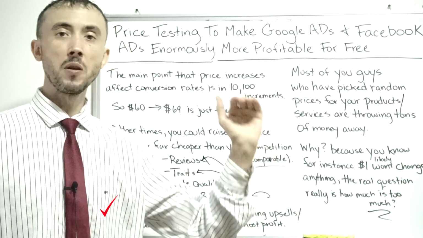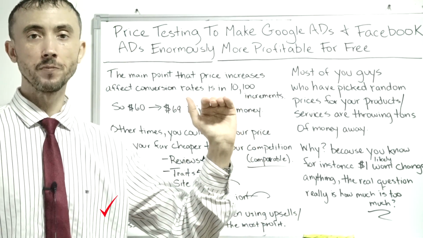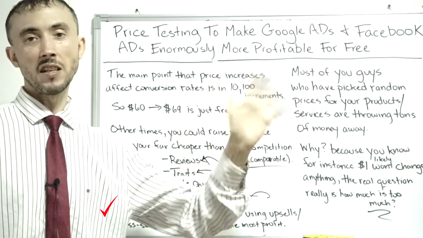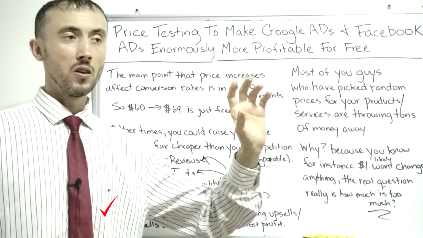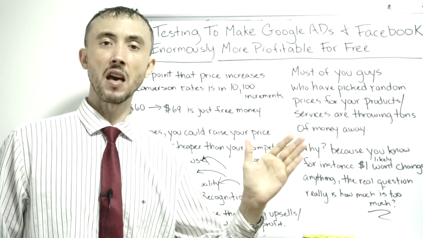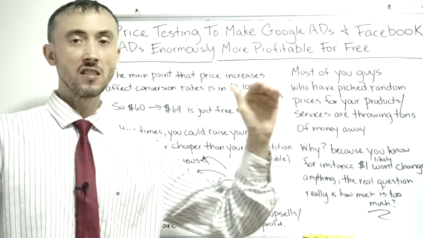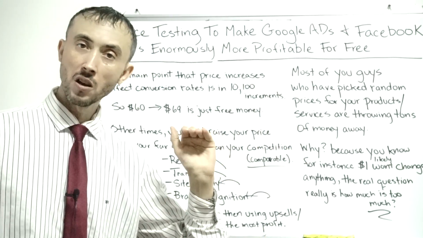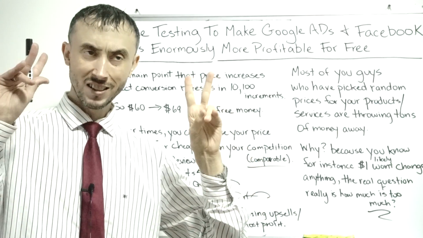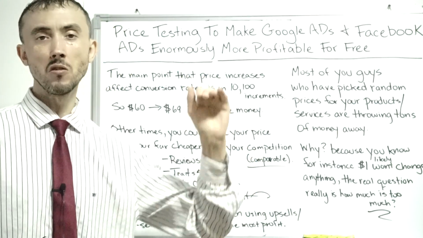Ultimately, if you're going up in price, or even down in price, you make the change, and then you're going to watch the conversion rates on the traffic that you get from your campaigns. If that's unaffected after a reasonable amount of time, so you have statistically significant data, you're going to do it again.